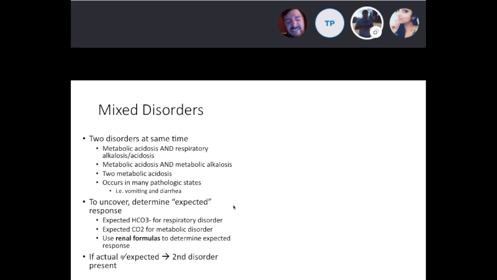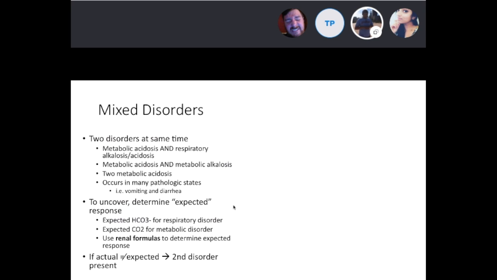In a mixed disorder is when you will see the differences, when the pH will go back to its normal side. I think I probably confused myself, but when you see a mixed disorder, the pH will be normal, which is not normally seen in any sort of other disorders.